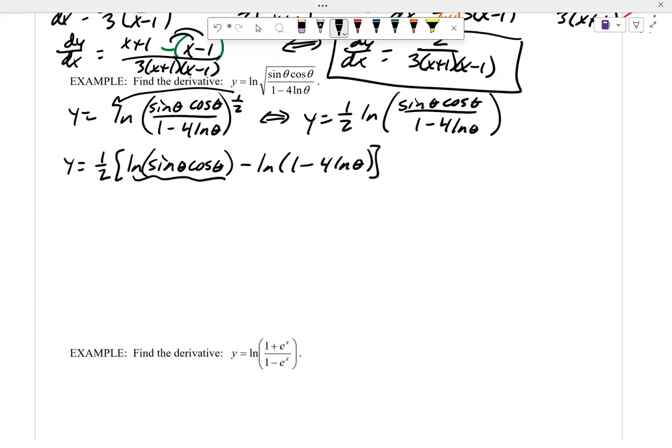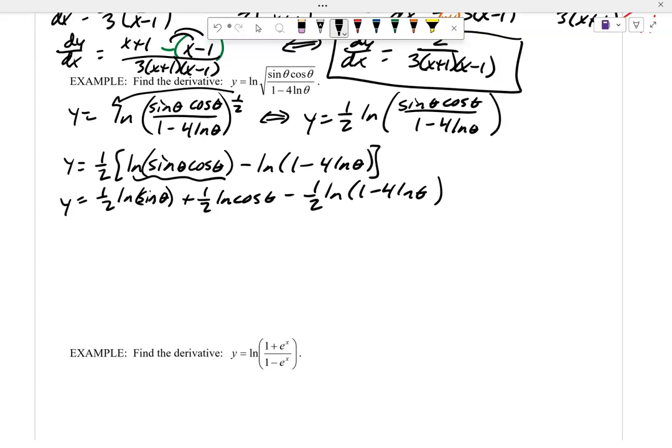And then I'm going to use the product rule there. So we got 1/2. And I'm going to distribute natural log of the sine of theta plus 1/2 natural log cosine theta minus 1/2 natural log 1 minus 4 ln of theta.